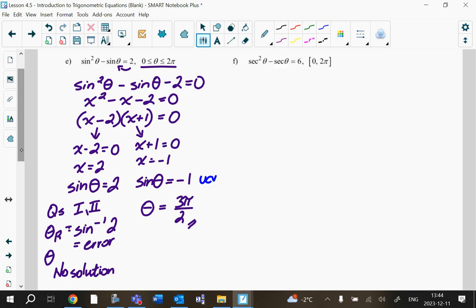Last one here with the quadratics. Well, pull the 6 over. So I get sec squared theta minus sec theta minus 6 equals 0.